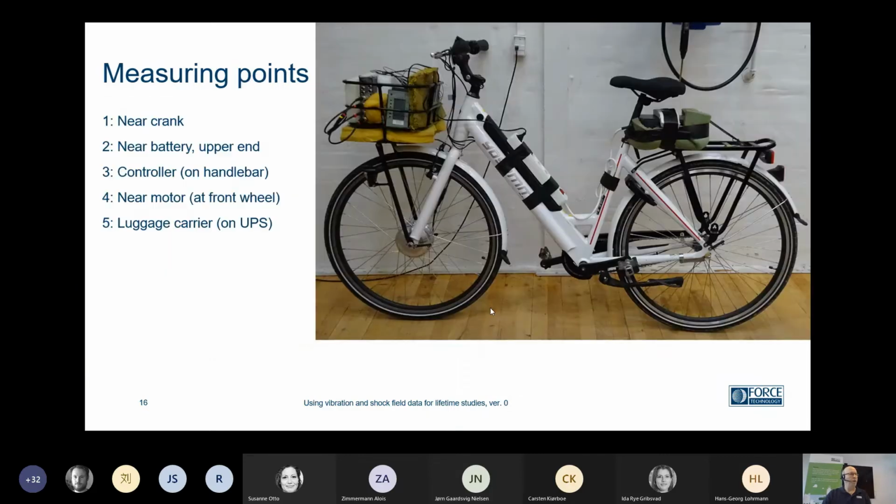The measuring points we have used on this bike were where we could have electronic parts. So we have one measuring point near the crank where the pedals are. There's a sensor sensing how fast we are moving the pedals. We have one measuring point near the battery upper end, so we can see what the conditions are for the battery. There's a controller on the handlebar, and that's also a piece of electronics, so we have measured there. We have measured close to the motor, not directly on the motor.